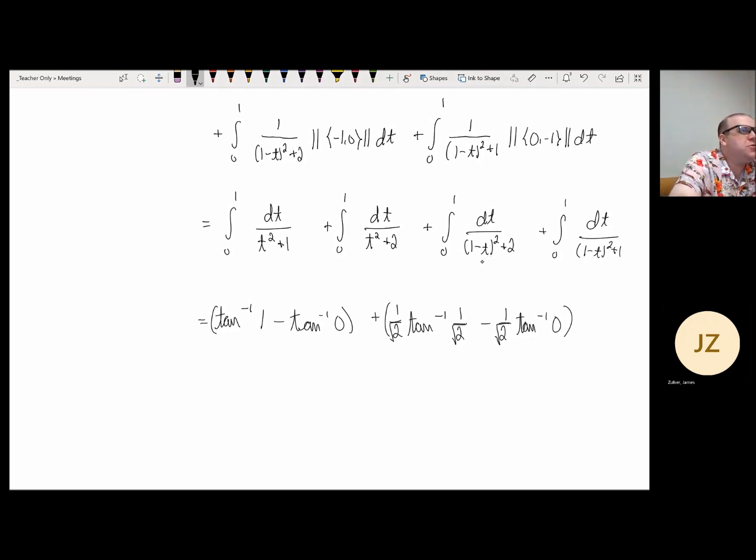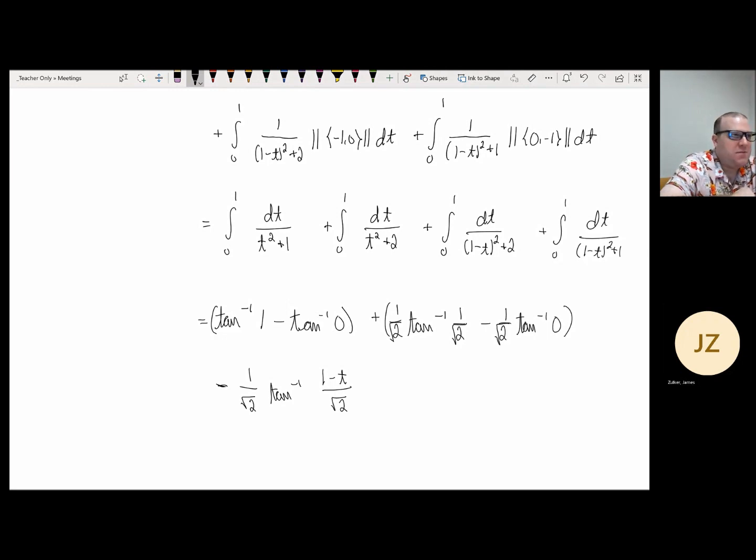For here, we're going to have to do a u sub. Derivative is -1. So instead of plus, it's going to become minus. Then it'll be 1 over root 2 inverse tangent of 1 minus t over root 2.